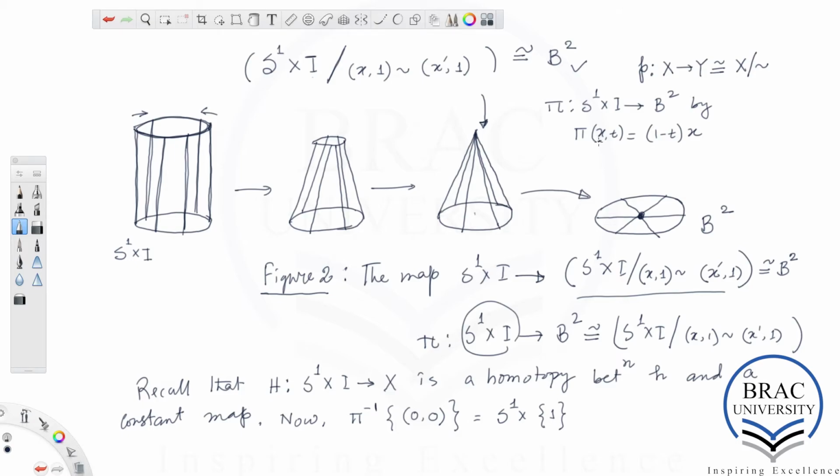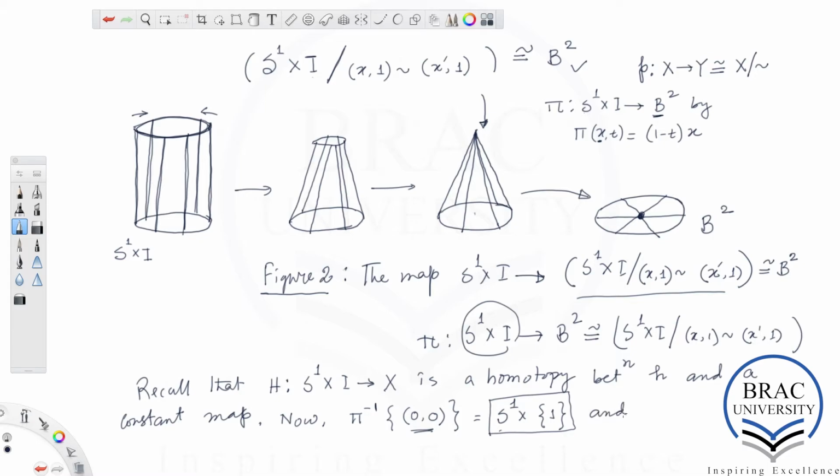So no matter what you choose here, x from S1, as long as you take t to be 1, you will always get a 0 on the right hand side, which means that the inverse image of the point (0, 0) in B2, the unit ball, under pi is going to be this set. So this is one important thing.